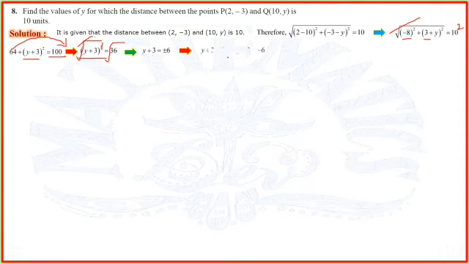So either y + 3 = 6 or y + 3 = −6. Therefore y is equal to 6 − 3, which is 3, and −6 − 3, which is −9. So these are the two values of y which we were looking for.